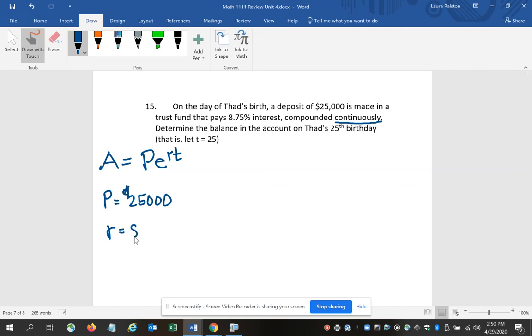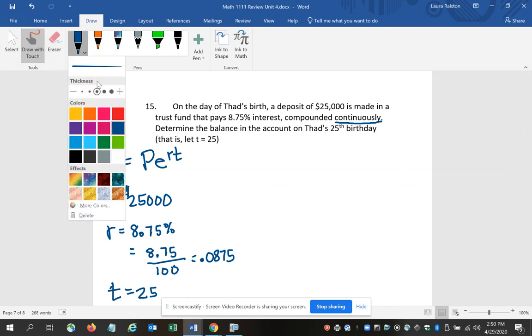The rate of interest is 8.75%, which we do convert to a decimal. So 8.75 divided by 100 is 0.0875. We want to know how much money would be in the account on his 25th birthday, and it even says let T equal 25.